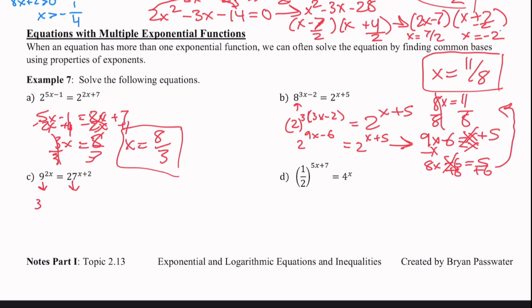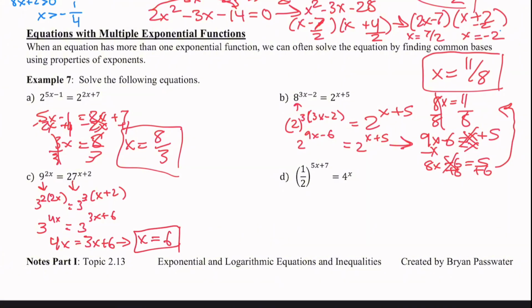So 3 to the power of 2 gives us 9, and for 27, we can do 3 to the power of 3. So now change that: 3 to the power of 4x is equal to 3 to the power of 3x plus 6. Then 4x is equal to 3x plus 6. That's x is equal to 6. That one was not bad.